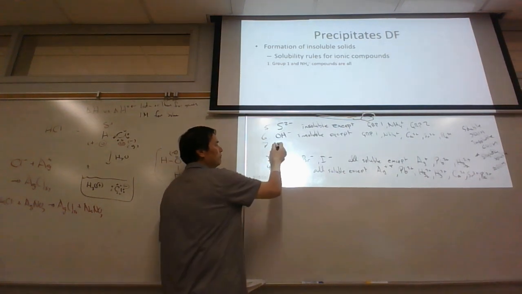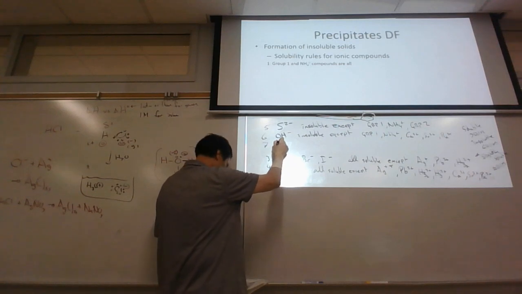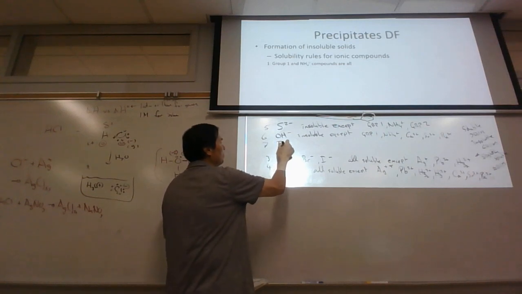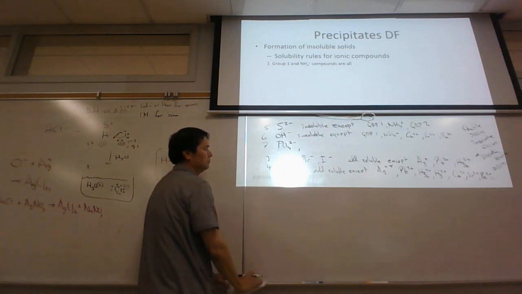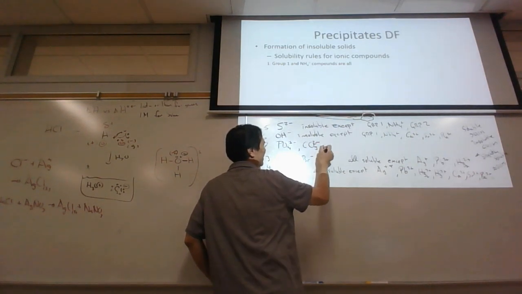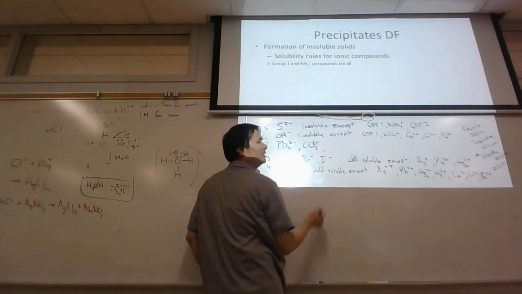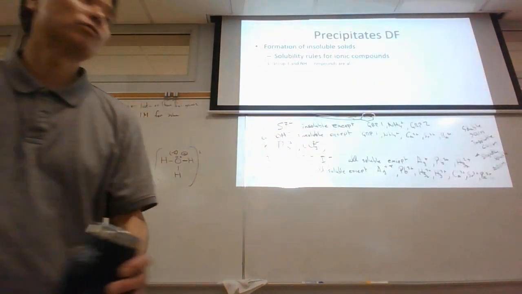All right, 7, phosphate. What's the formula for phosphate? PO4 3 minus. Carbonate, CO3 2 minus. Chromate, CrO4 2 minus. Good.